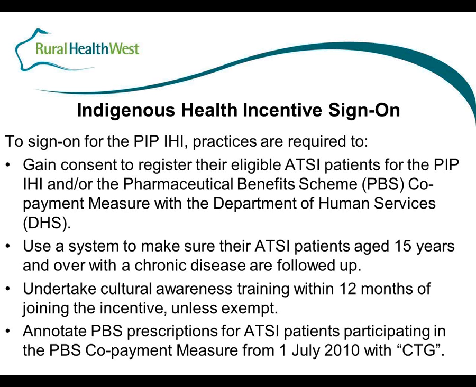Practices are also required to undertake cultural awareness training within 12 months of joining the incentive, unless exempt, and annotate PBS prescriptions for ATSI patients participating in the co-payment measure from July 2010 with CTG.